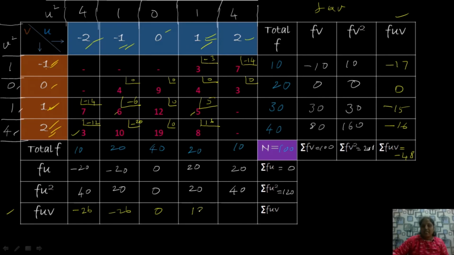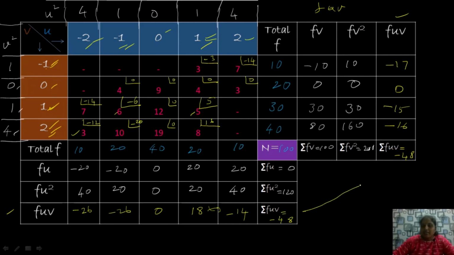So plus 18. And minus 14 plus 0 you get minus 14. So here you have plus 18, here minus 14, so remaining plus 4. By adding these two you get plus 4. And plus 4 minus 26 you get minus 22. Minus 22 minus 26 is minus 48.